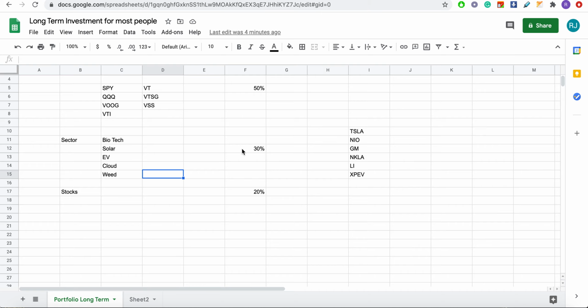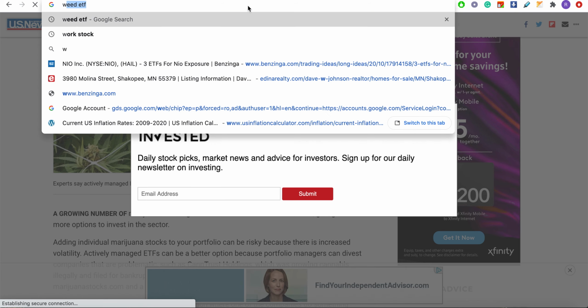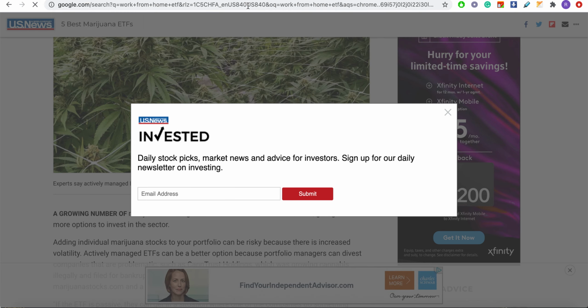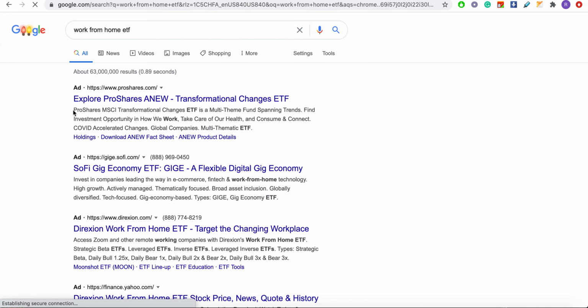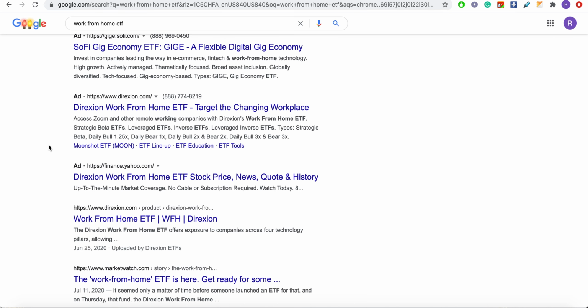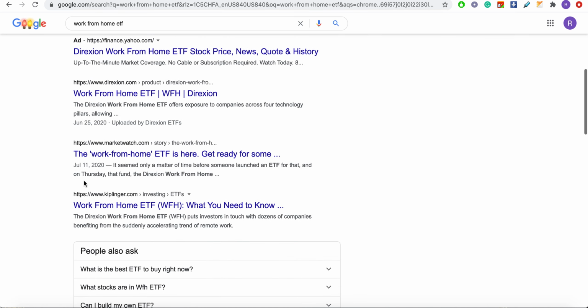That's why for 30% you should pick your sector ETF. Could be EV, could be cloud. There's a work from home ETF. You can search for pretty much any ETF. I actually have one of those. I forgot the ticker, I guess work from home, WFH.